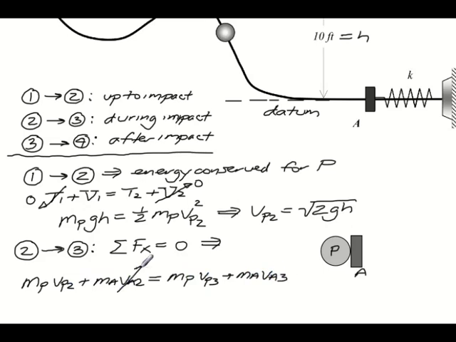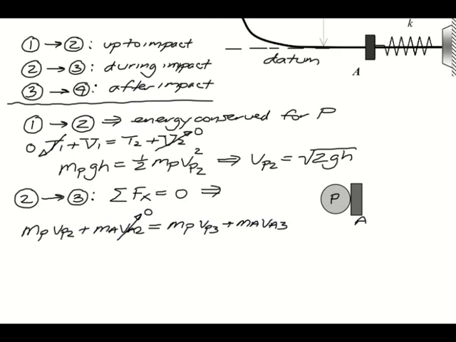Well, A is at rest when P hits A. After impact, they stick, so this becomes (m_P plus m_A) v3, and that is just because they stick. Since they both have the same speed, I can combine the two masses together.